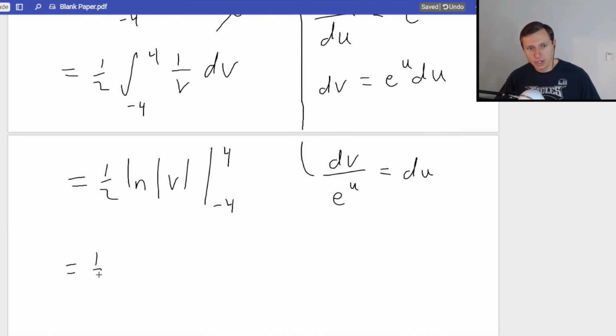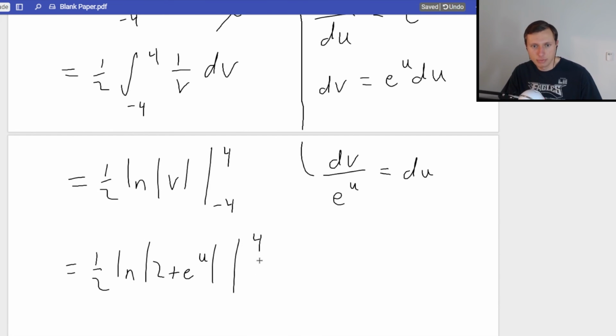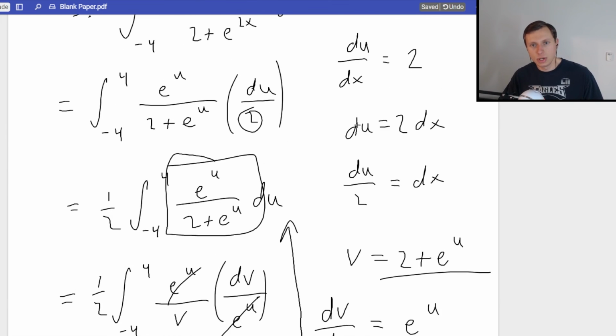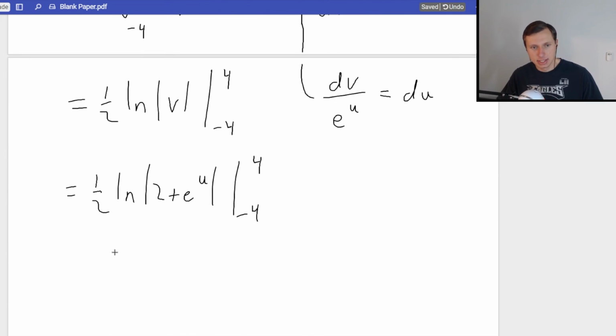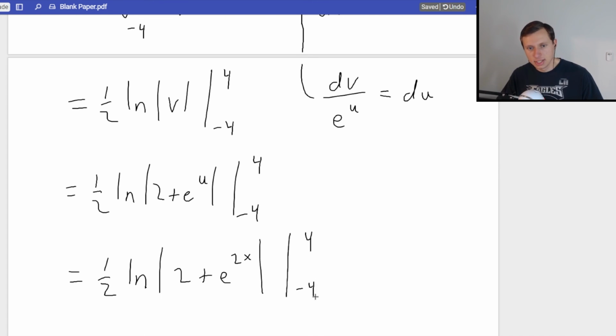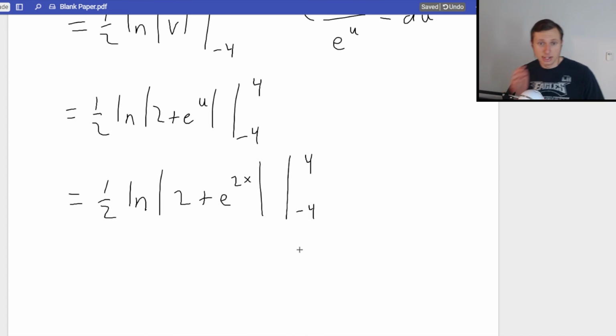It's going to be 1/2 natural log absolute value. v was equal to 2 plus e to the u, so 2 plus e to the u evaluated from 4 to -4. And again, I need to plug in for x as well. x was, we said, 2x. So 1/2 natural log absolute value of 2 plus e to the 2x power, close absolute value sign, evaluated from 4 to -4. This is just a monster of a problem.